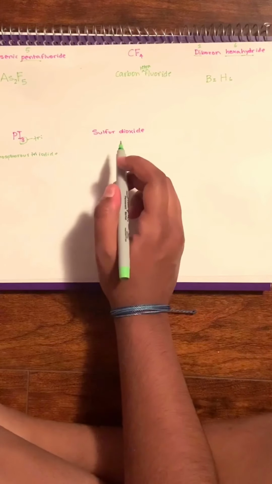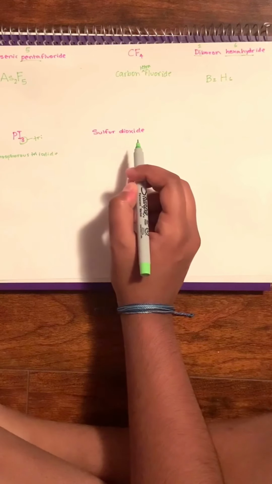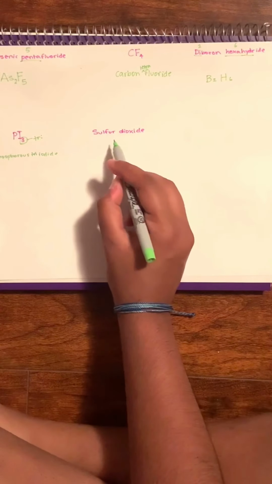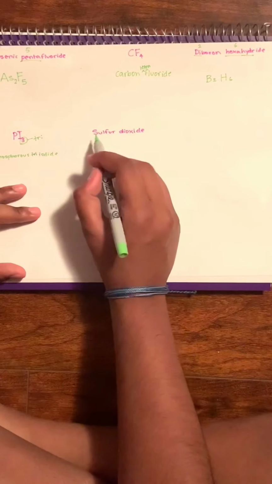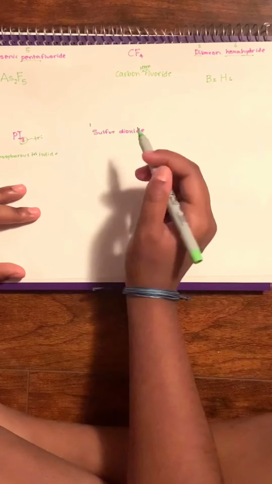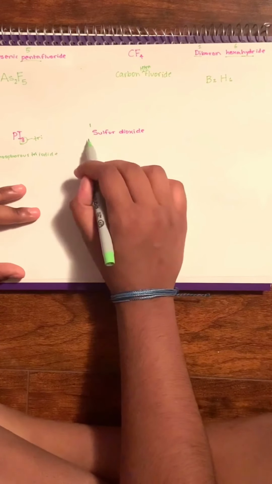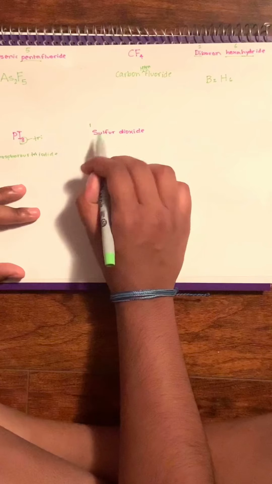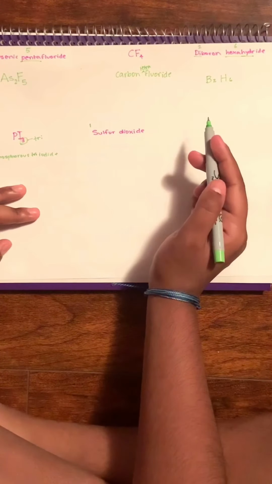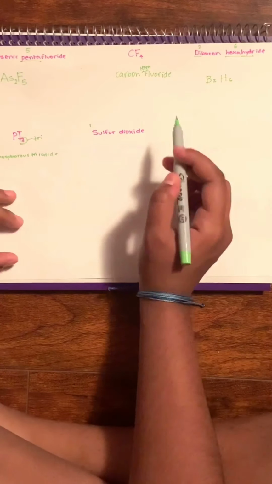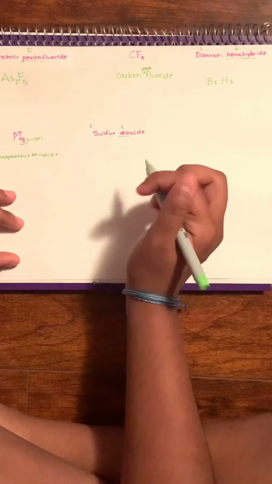And then finally, the last one we're going to do is sulfur dioxide. Sulfur has no prefix, so it's just 1 essentially. But if it was the second one, you would have to say monosulfide. Since it's the first one, you can ignore the mono. So just sulfur, and it means 1. The subscript is 1. And the second one, since there's a di, we know that the subscript is 2.